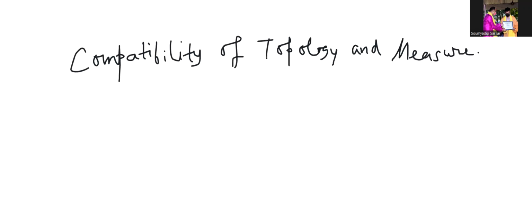The measure you are defining is, in some sense, compatible with the topology of the space. Now this notion of compatibility is captured by some precise conditions. So what are those conditions? Let me give you some intuition.